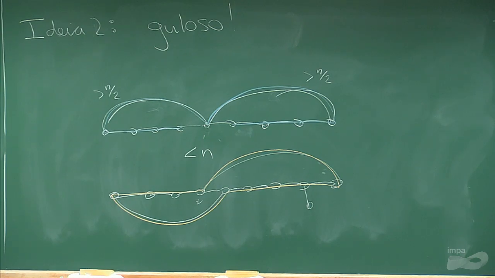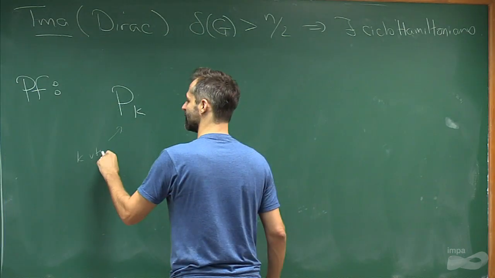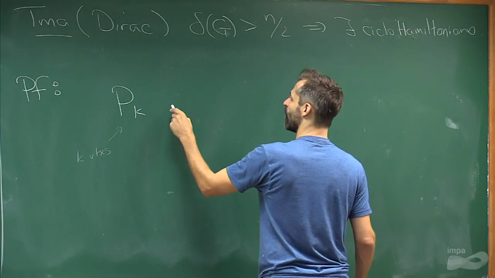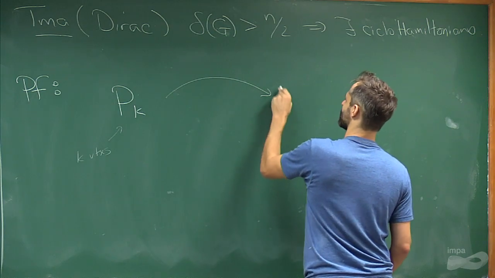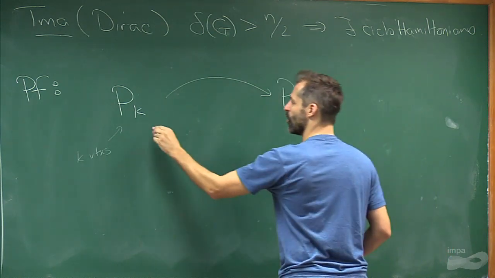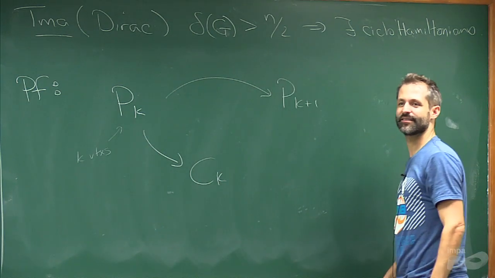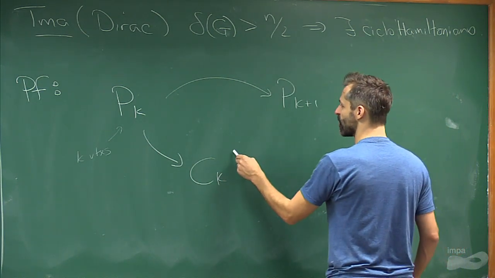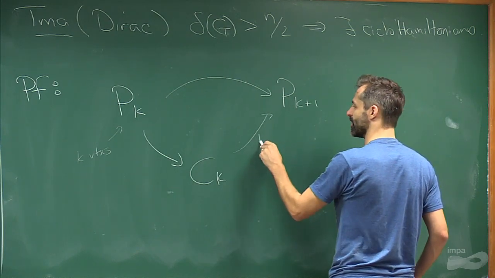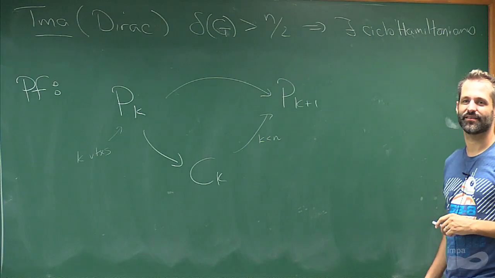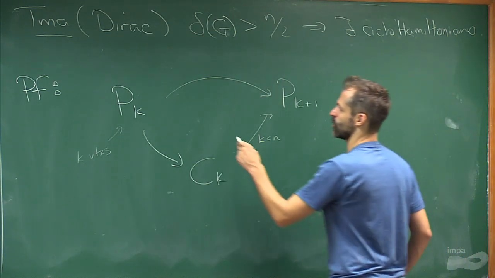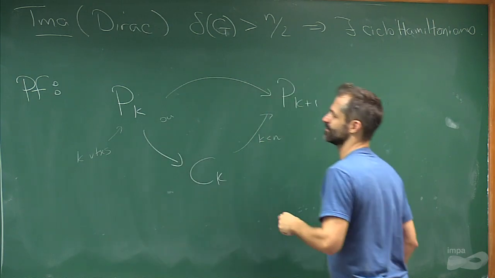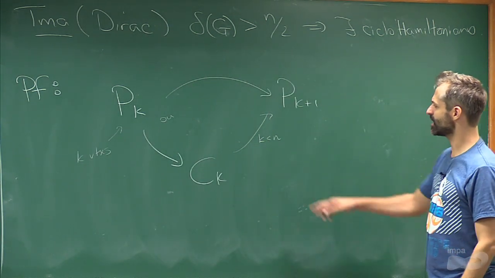The one I like best is this: from a path with k vertices, we can go either to a path with k plus 1 vertices or to a cycle of length k. We can always go from a cycle of length k to a path with k plus 1 vertices if k is less than n. Why is that?